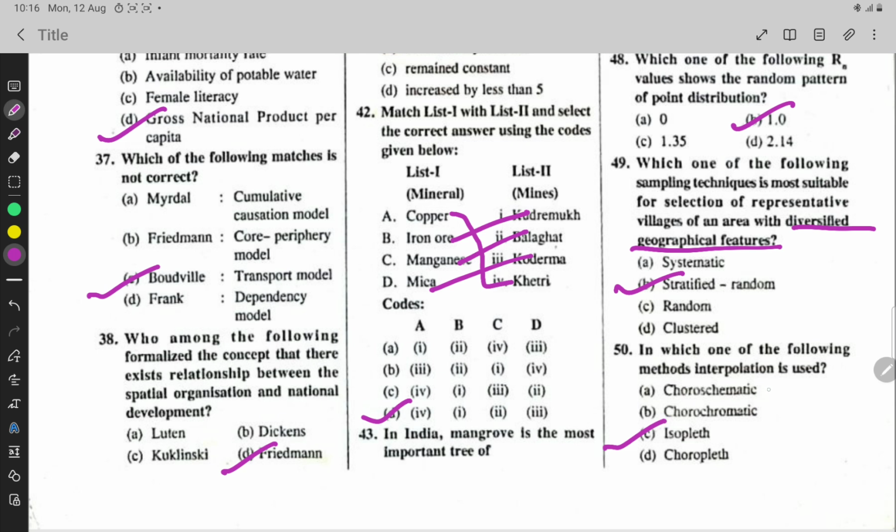Choroschematic is used to represent qualitative nominal data, so it can be depicted by use of different colors.